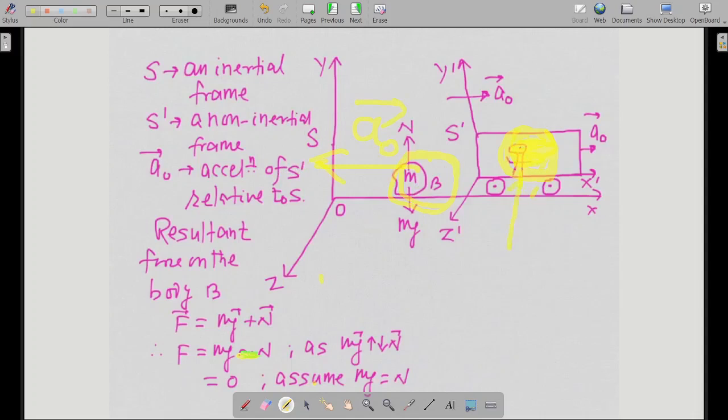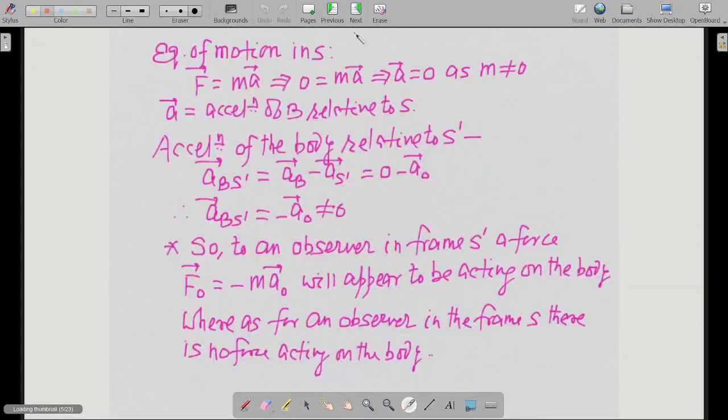But if you ask this observer who is the agent applying this acceleration a naught in the backward direction, who is the agent behind this, who is the agent of this force? Certainly this observer will not be able to tell the agent of this particular force. So the force is acting without an agent, that's why it is called pseudo force. Because there is no agent applying this force, but it is appearing to that observer.